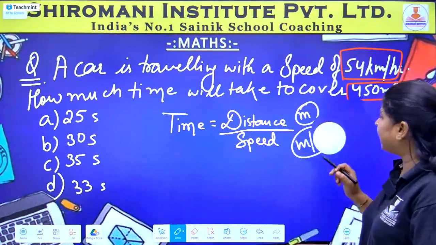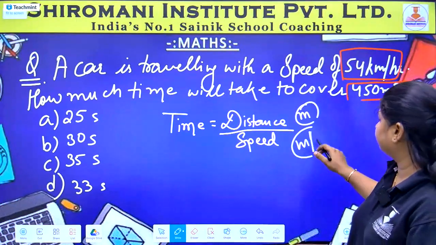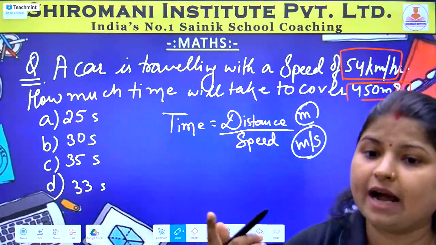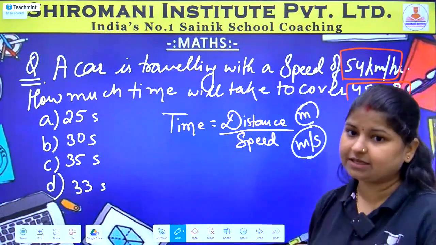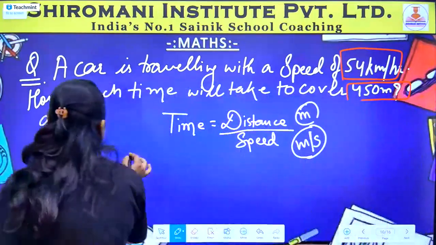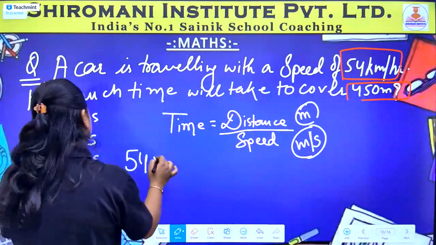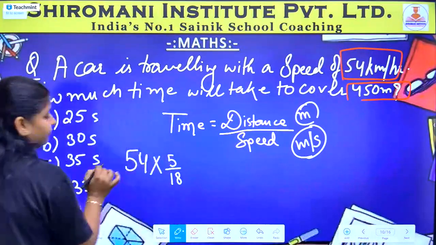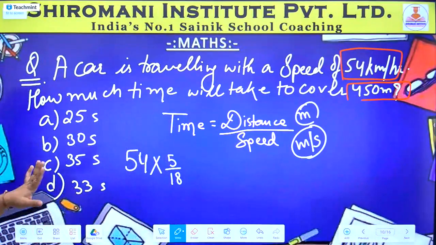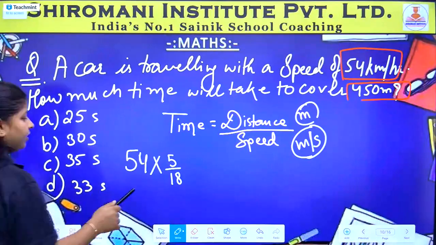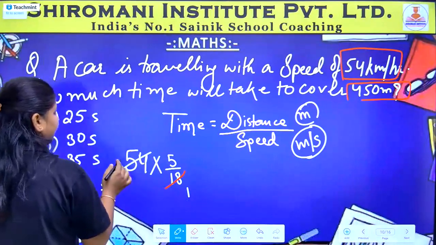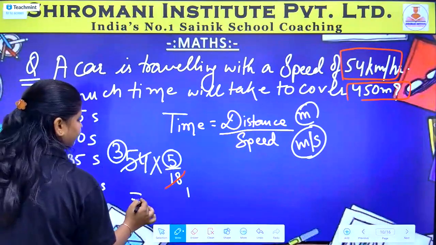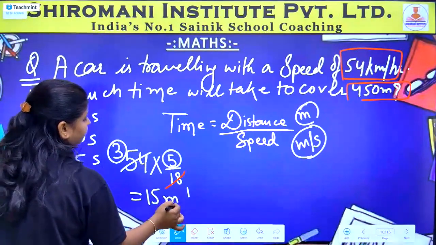We just learned how to convert kilometer per hour into meter per second. 54 kilometer per hour, what we will do? We will multiply by 5 upon 18. 18 ones are 18 and 18 threes are 54. So 3 fives, 15 meter per second.